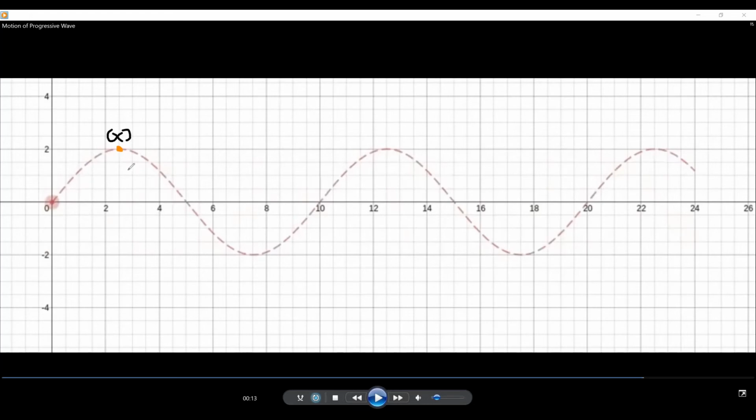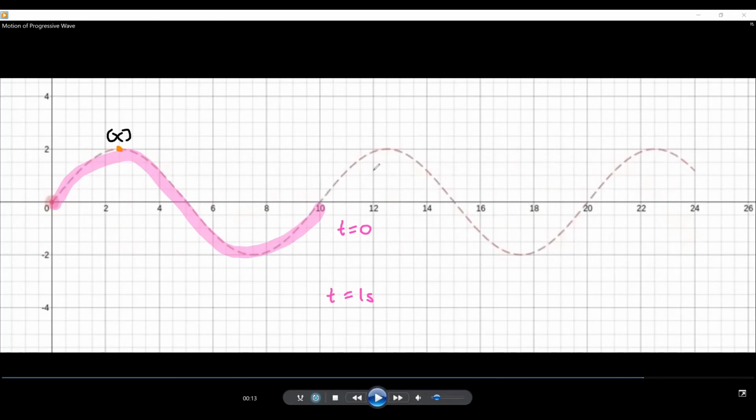So they want you to determine the position of this particle x at time t equals to 1. Sorry, this one is t equals to 0. This is where t is equals to 0. You want to find out at t equals to 1 second. Okay.